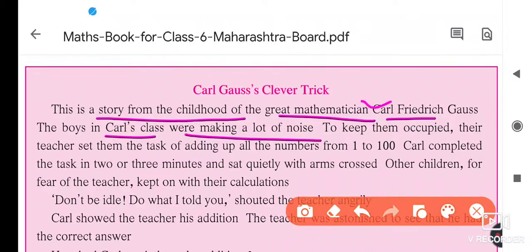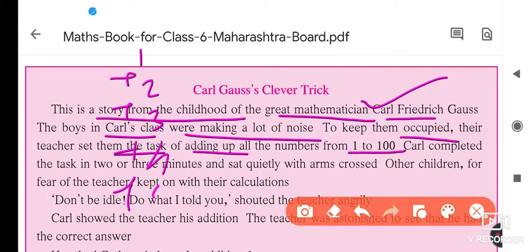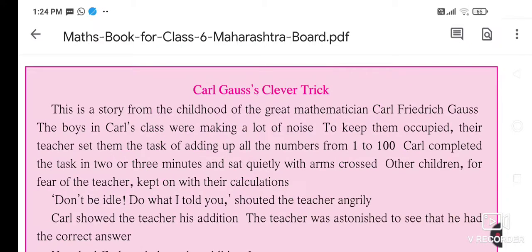So to keep them occupied, their teacher gave them one task: adding up the numbers 1 plus 2 plus 3 plus 4 plus 5 and so on, all the numbers from 1 to 100.